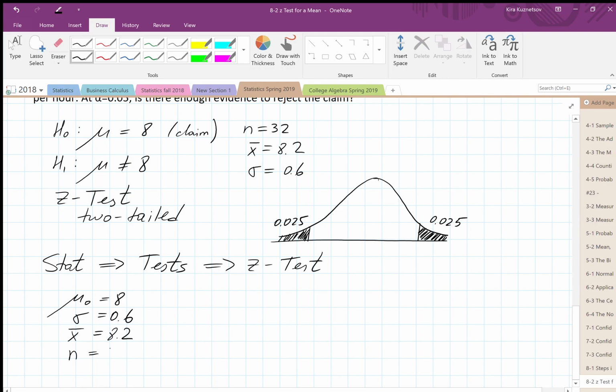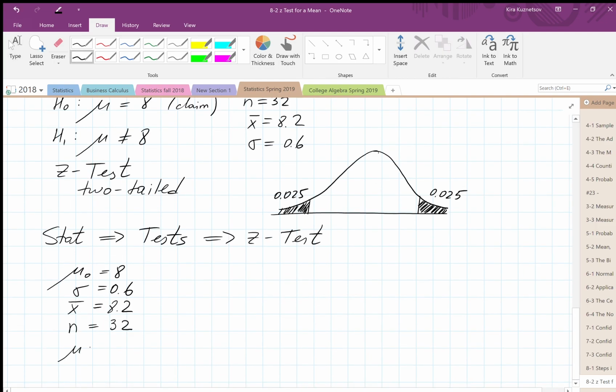In this case, it's 32. Then the test will ask you, is mu not equal to that 8, less than 8, or greater than 8? So you choose: do you have a two-tail test, a left tail, or a right tail? In this case, we are choosing mu not equal to mu sub 0. And you want to push calculate.